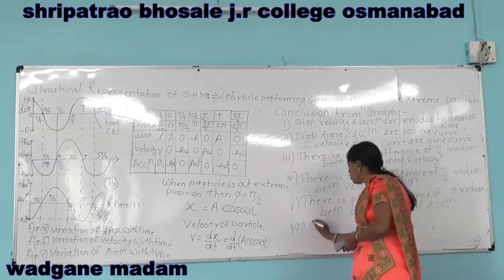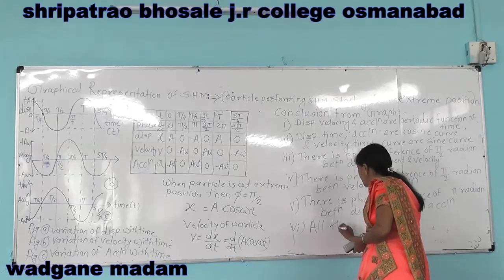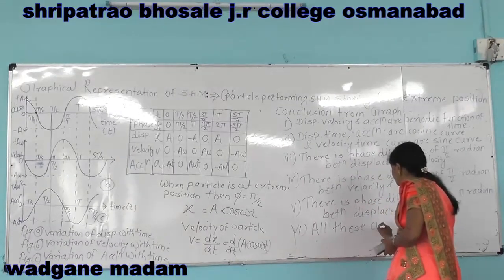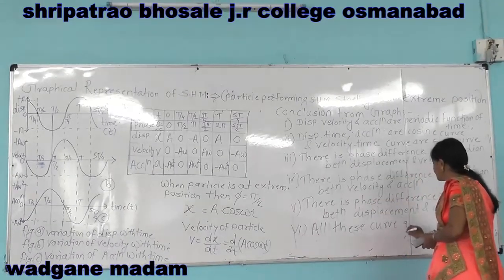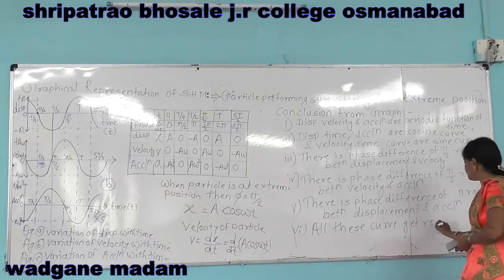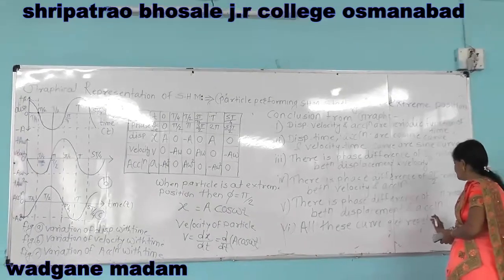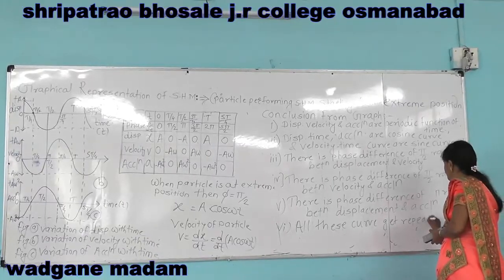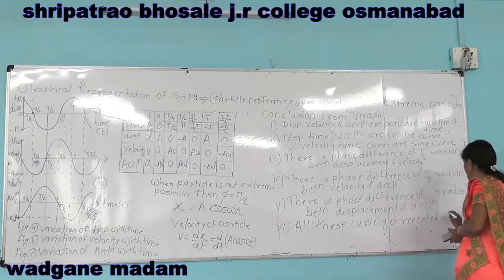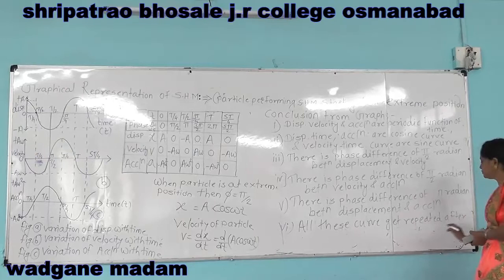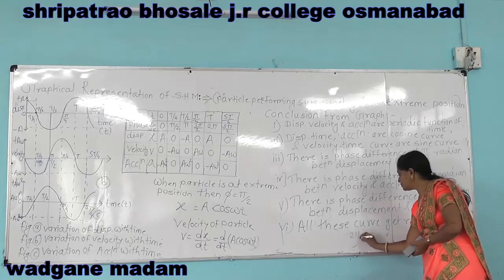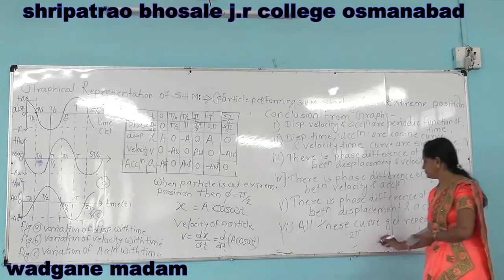After that, all these curves get repeated after 2 pi radian.